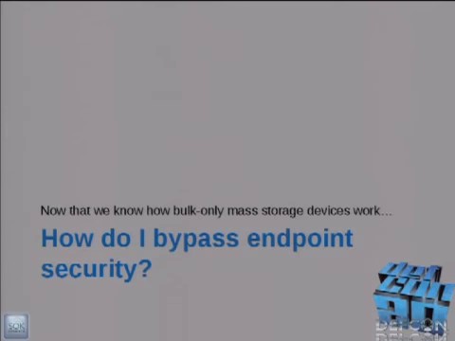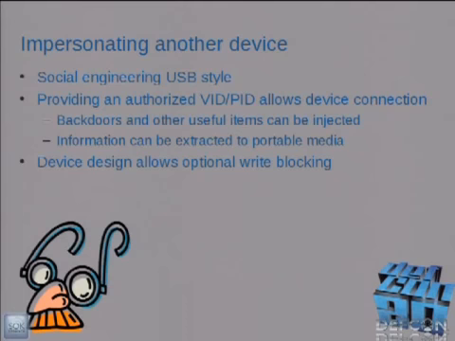Let's talk about the good stuff. How do I bypass this security anyway? So essentially what we're doing is impersonation or social engineering USB style, if you will. All right?